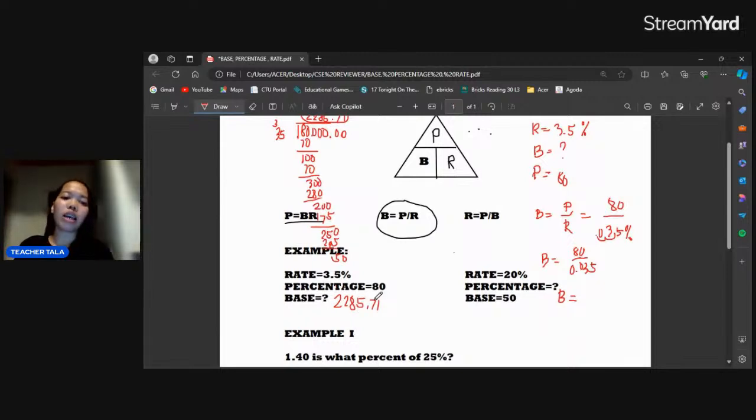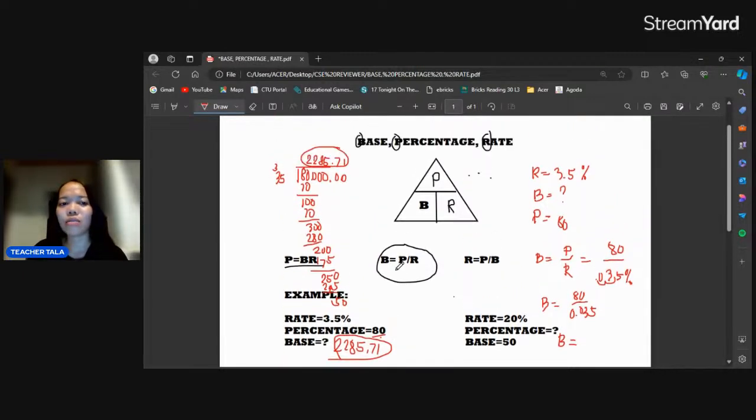So meaning, ang 80 is 3.5% of 2,285.71. Okay, so yan yung first sample. Yung first sample natin is masyadong malaki, masyadong mahirap.